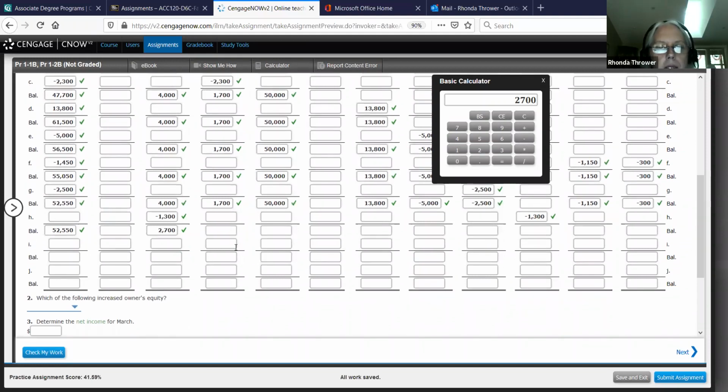All right, so our next balance was 1,700. We didn't do anything to that in transaction A, so we're just bringing it down.